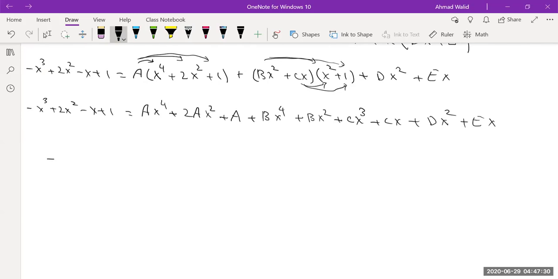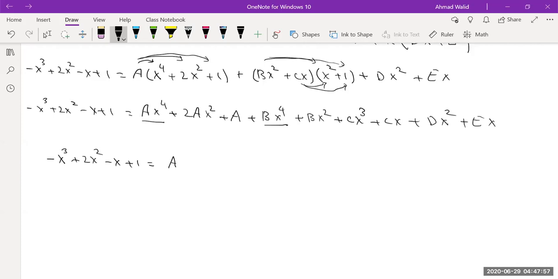Now you can write negative x cubed plus 2x squared minus x plus 1 equals, let's order a little bit. Here I have x to the power of 4. Here I have x to the power of 4. I will put them together. To reduce a little bit one step, I can factor x to the power of 4.